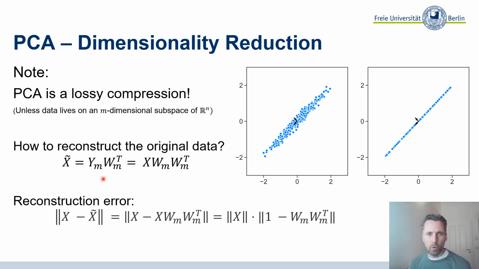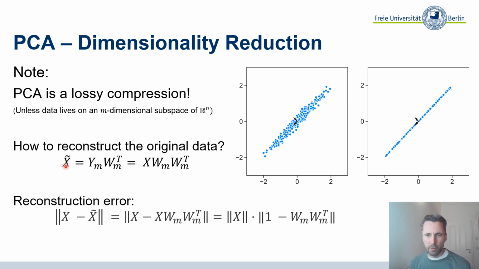So x times w is our y here, and then multiplying the w transpose again onto y gives us a reconstruction of our samples x.